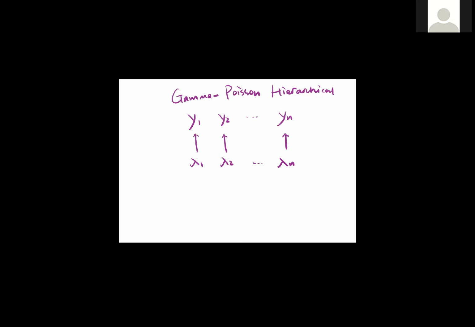And any yi follows a Poisson lambda i. Okay, so this is very similar to what Eli's group did. It's pretty much, I should say, the same.